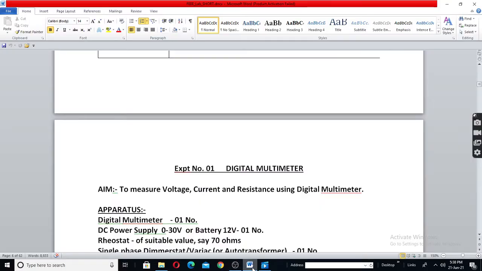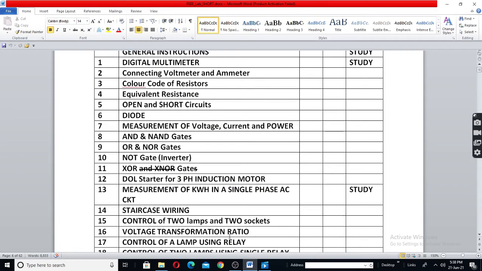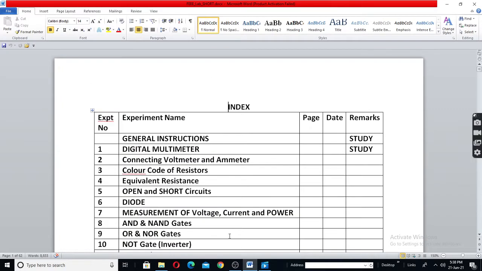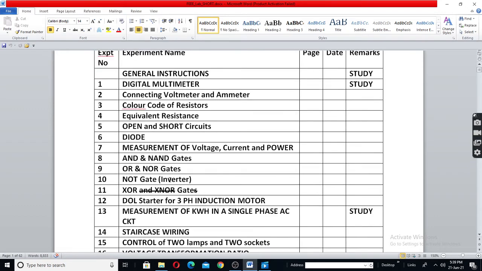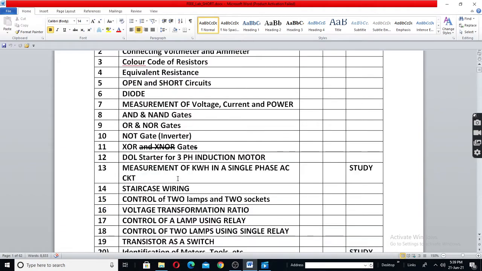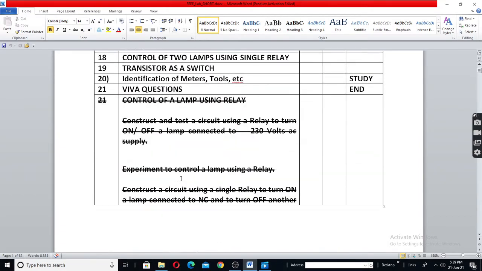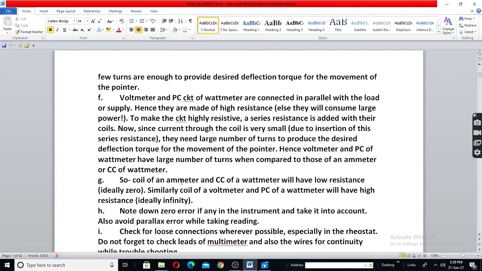Class 1, FEE lab. You can go through the index, which lists the experiments to study. The digital multimeter is not specifically mentioned in your syllabus, but you should know it, hence we will take it.